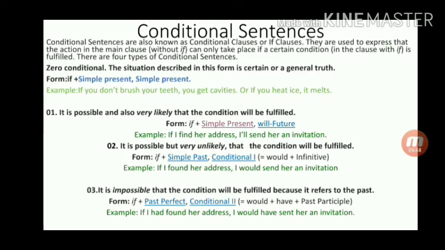The second conditional is used to imagine present or future situations that are impossible or unlikely in reality. So they are impossible. They describe a situation which is far from reality. Some other examples might be, "If we had a garden, we could have a cat." "If I won a lot of money, I would buy a big house in the country."